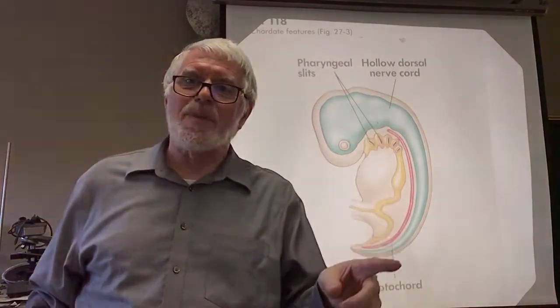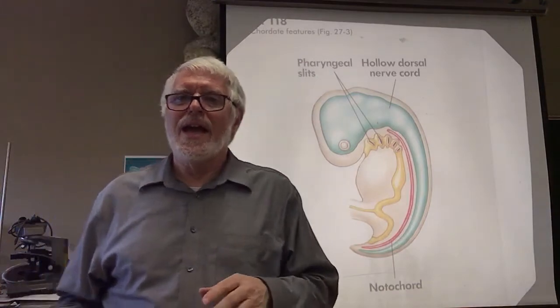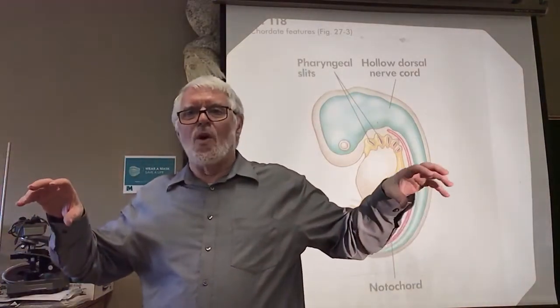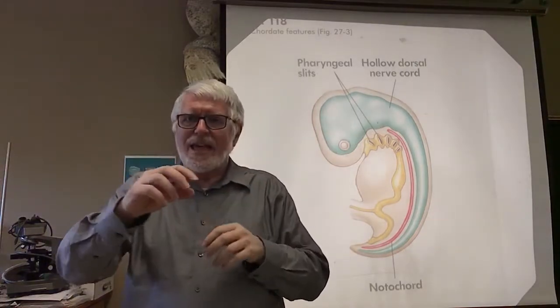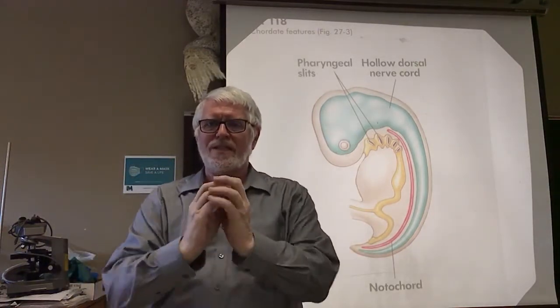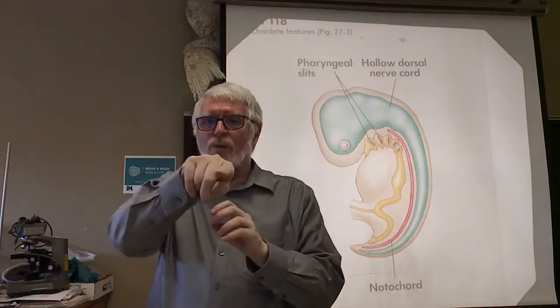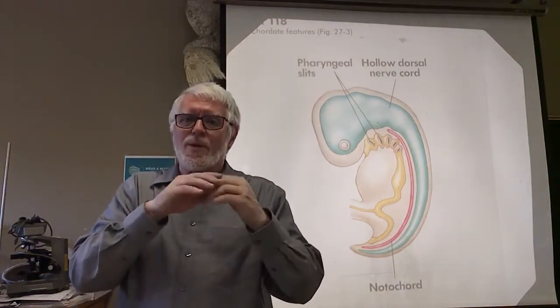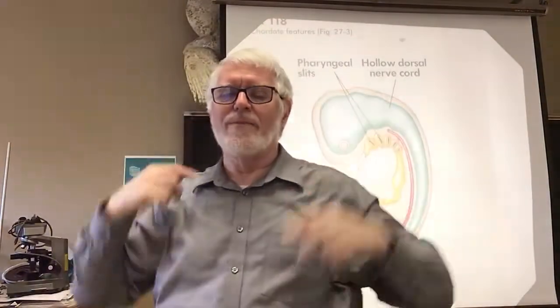It forms in that spot, runs the whole length of the animal from just behind the head to the tail, when the animal is just a long, thin embryo. And so you've got your digestive system, what there is of it, and this notochord running front to back between the digestive system and the back, the dorsal side.